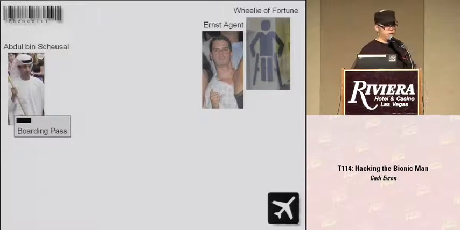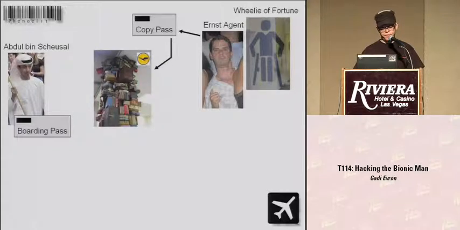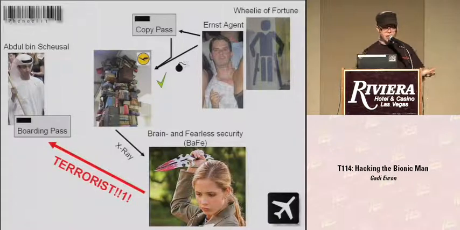So he recreates a boarding pass in the name of the other fellow and drops some luggage in with some extras, gets x-rayed, and evil security finds a terrorist. This is how it works. You can totally do that.